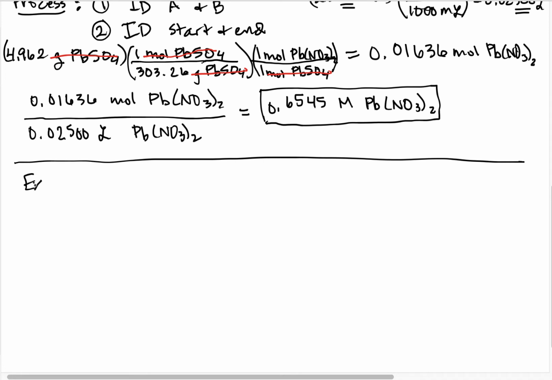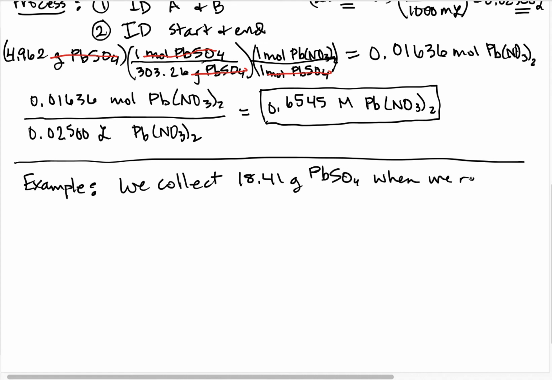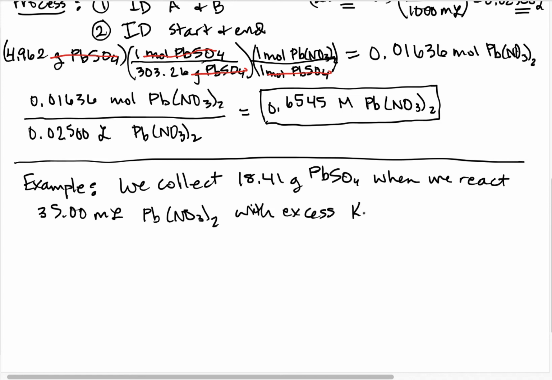So another example problem using the same system might be, we collect 18.41 grams of lead sulfate when we react 35 milliliters of lead nitrate with excess potassium sulfate.